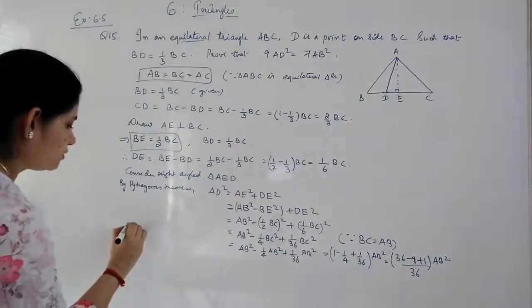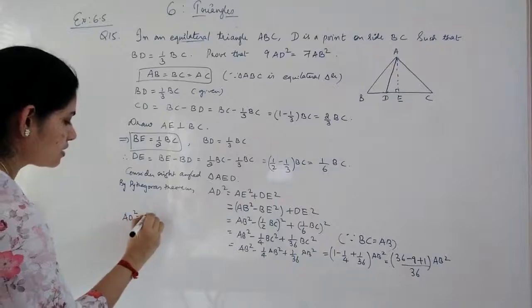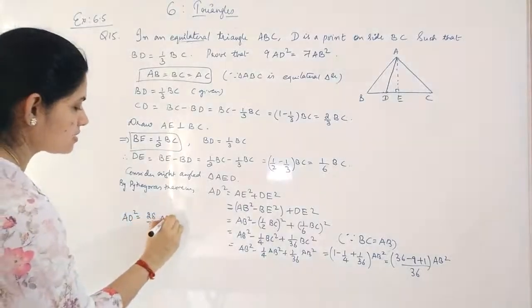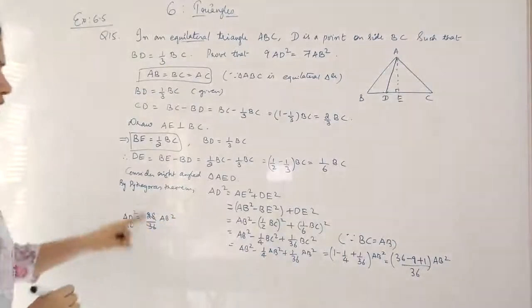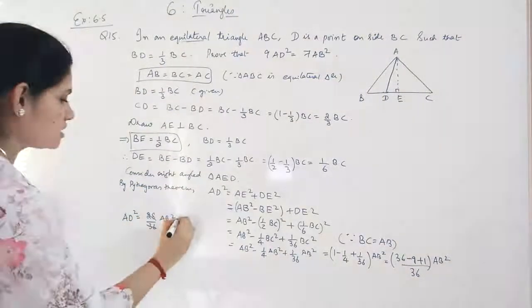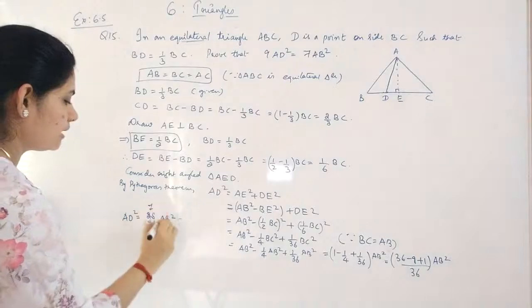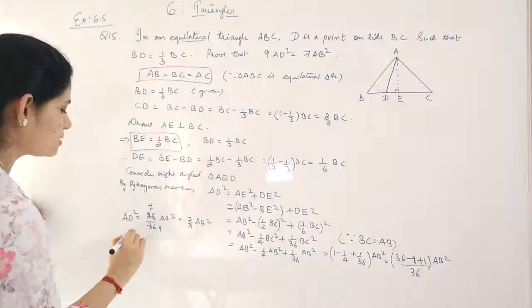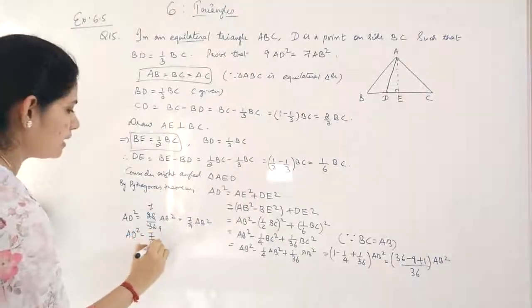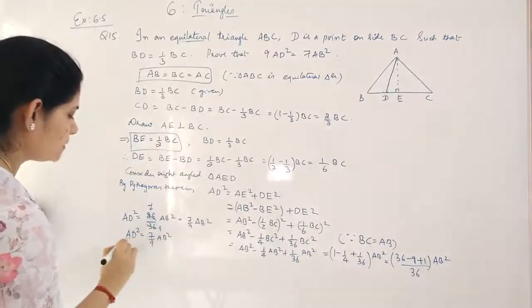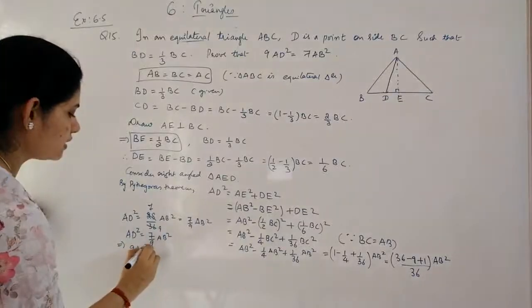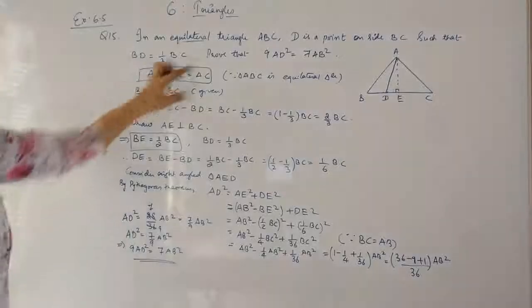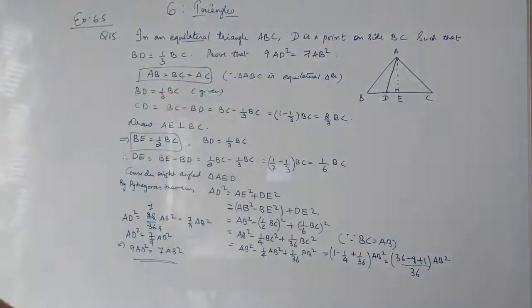So what you finally got is AD square is equal to 28 by 36 AB square, which is again reduced and written as 7 by 9, 7 by 9 AB square. So AD square is equal to 7 by 9 AB square, which implies 9 AD square is equal to 7 AB square, which is your proof.